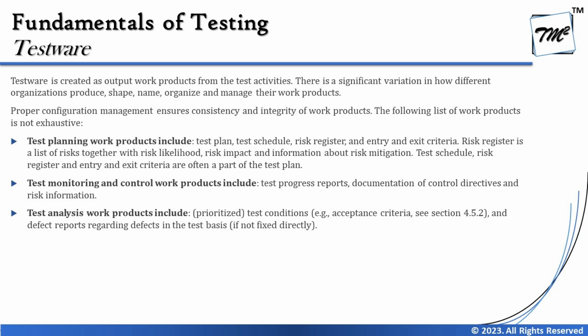The risk register is basically a list of risks together with risk likelihood, risk impact, and information about risk mitigation. You don't have to worry at this point about what risk likelihood, impact, and mitigation steps are. We will be talking about this in chapter 5 in more detail, because we don't want to dump everything on you in chapter 1 and do nothing in chapter 5. We will talk about them in the right chapters.